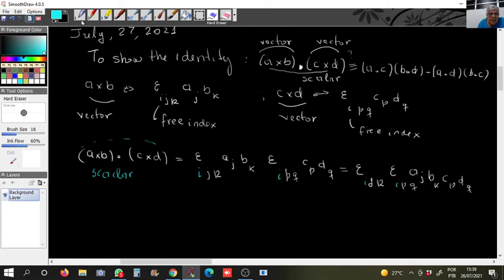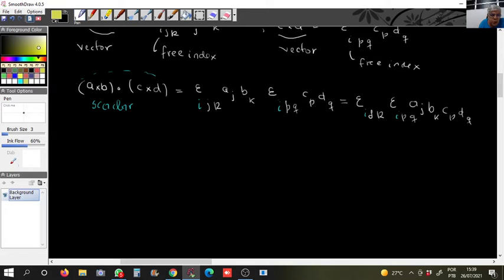Now I will use an identity. This identity, you don't prove it, you just verify it. This is a very important identity: epsilon I J K epsilon I P Q. It is very interesting.